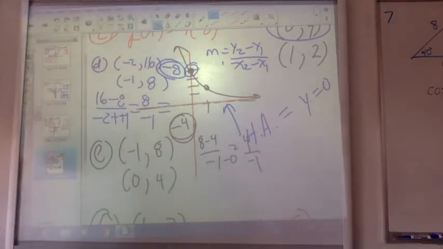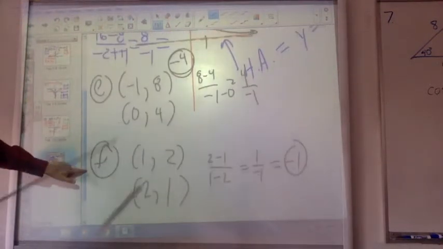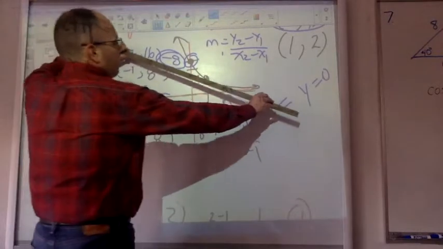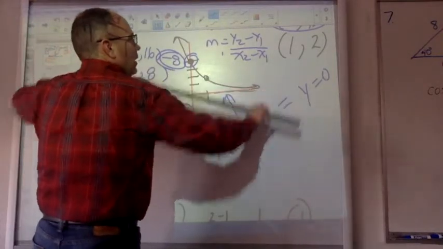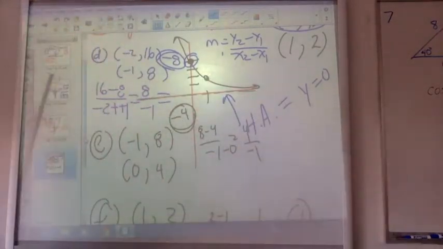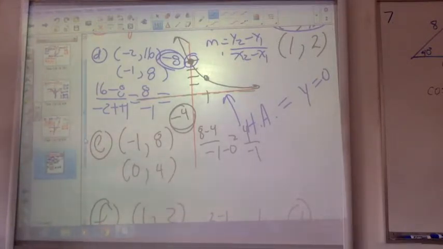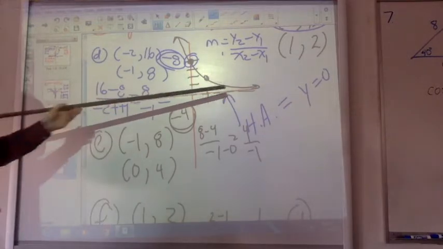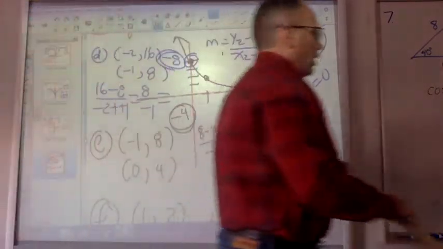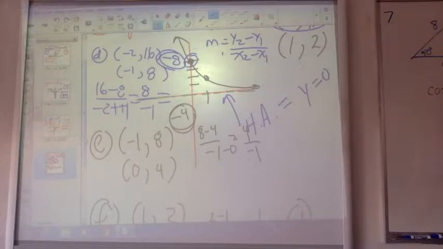Down 4, right 1. And then it goes to -1, not quite as steep. So as we progress to the right on our graph, our slope goes from pretty steep to almost horizontal. I say almost horizontal because this is going along the x-axis and it'll never touch it.